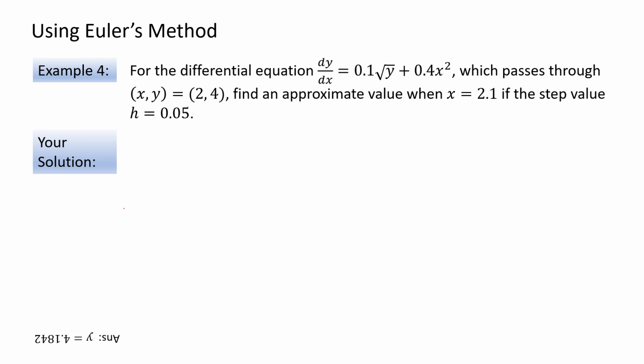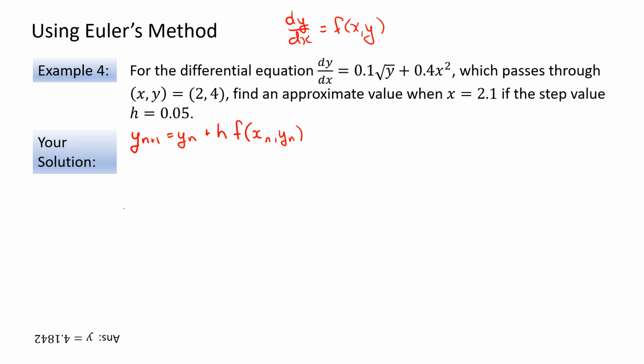So we know our formula: dy by dx is equal to some function of x and y. And we see here this is a function of both x and y. There's an x squared term and a root of y term. So if we look at Euler's method, the next value of y, y of n plus 1, is equal to the current value of y plus our step value h times our function at our current values of x and y, so x of n and y of n.